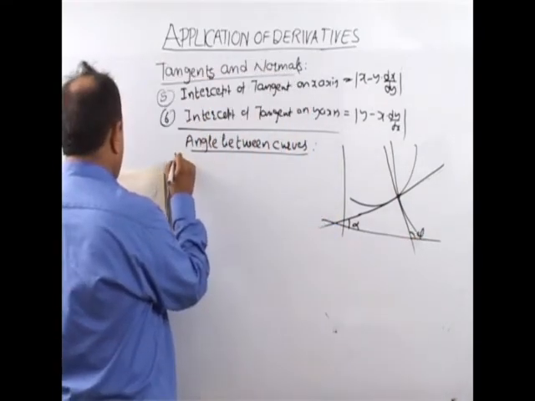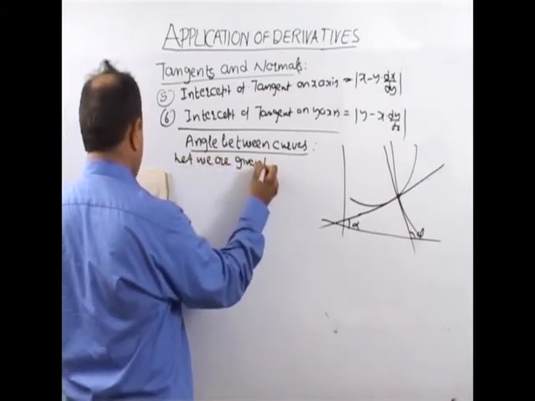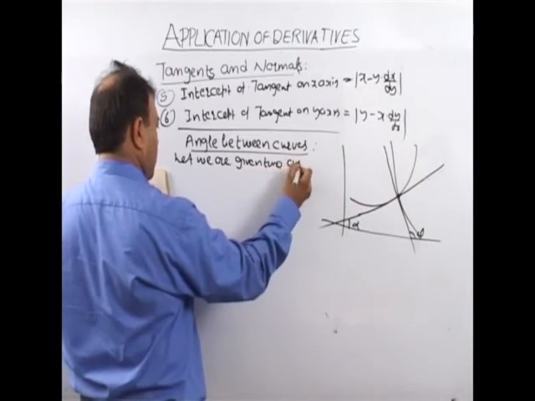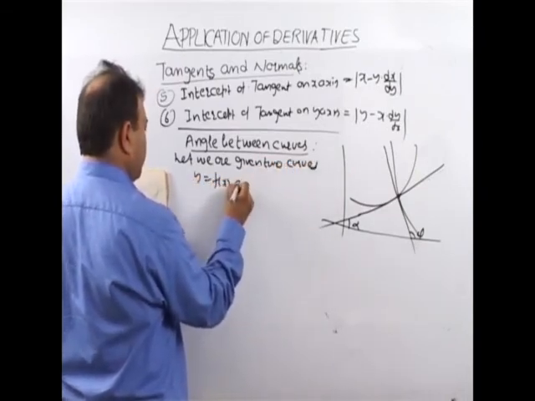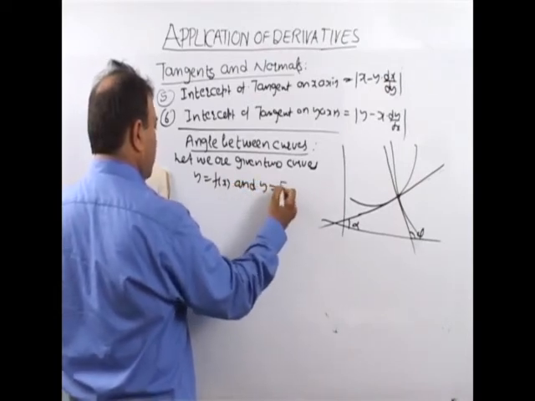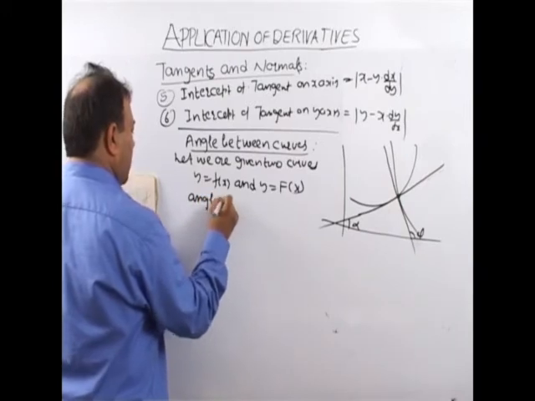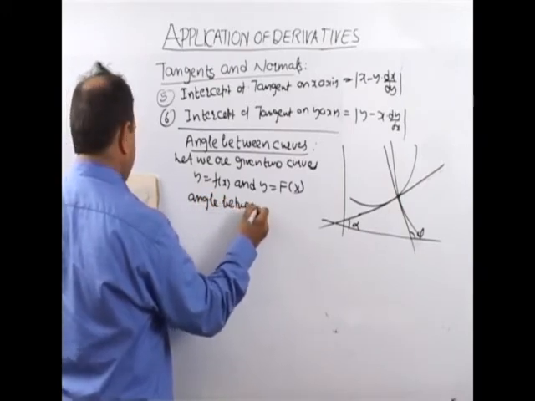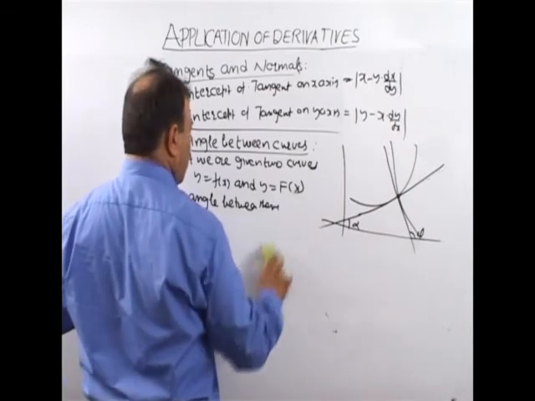So let us be given two curves, y is equal to f(x) and y is equal to g(x). The angle between them is theta.